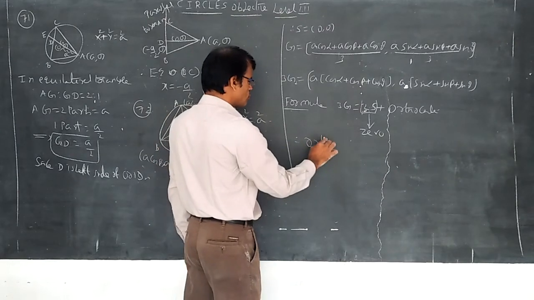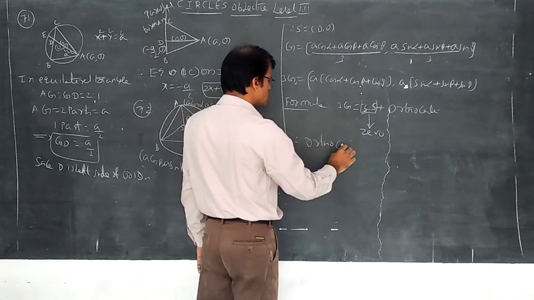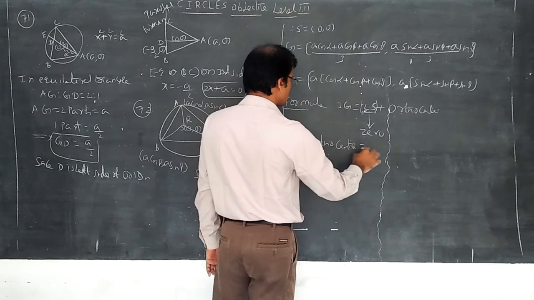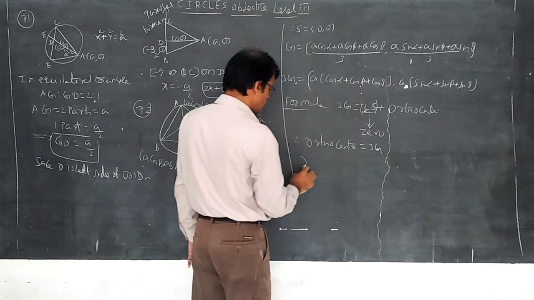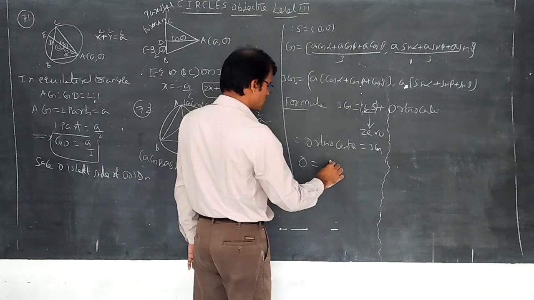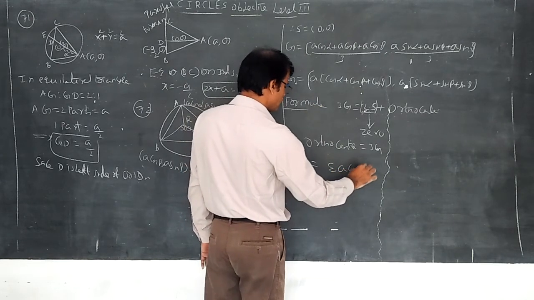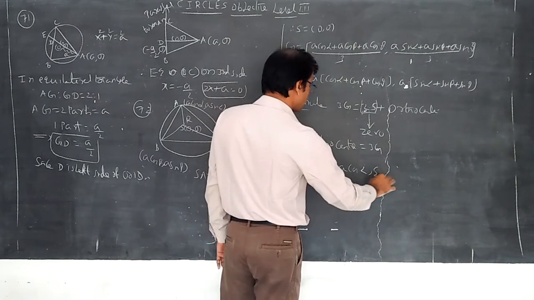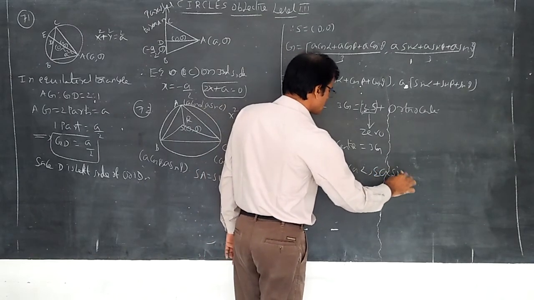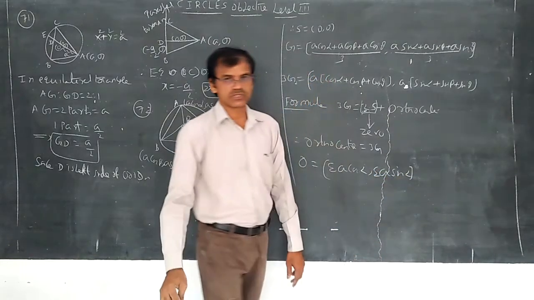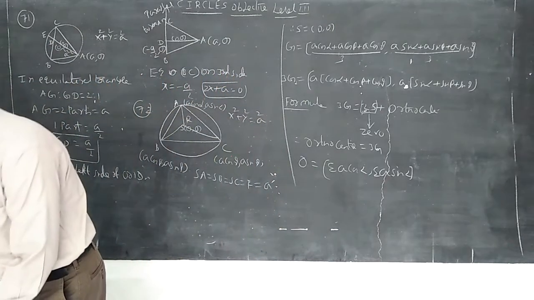Therefore, what he is asking is the orthocenter. Orthocenter is equal to 3G. O or H you can indicate anytime. You can get the answer as (sigma A cos alpha, sigma A sin alpha) is the orthocenter of the given triangle.